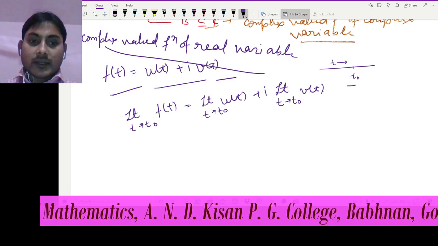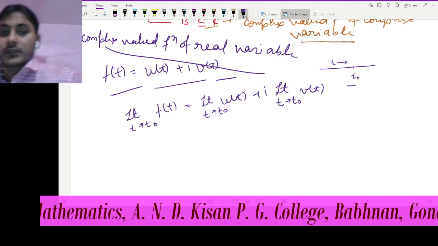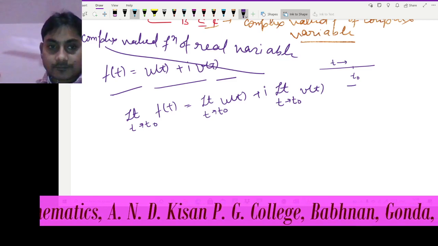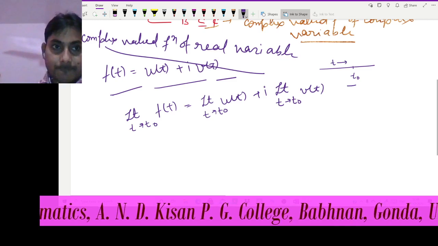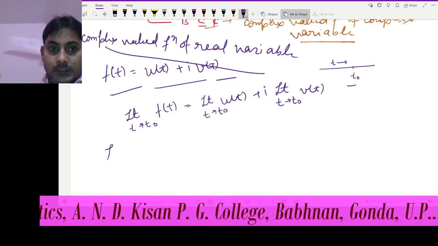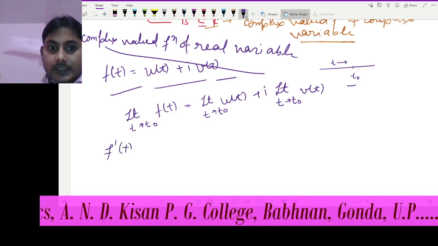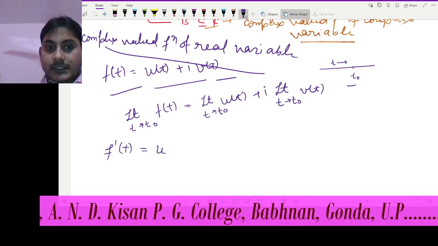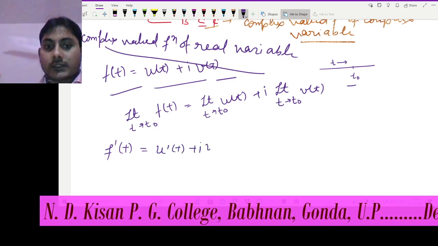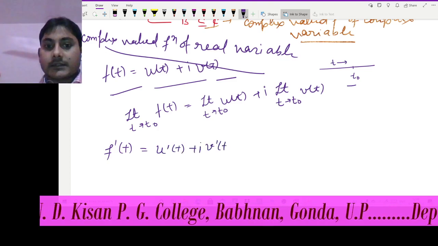Similarly, one can define the derivative also. So what is the derivative? Suppose you are defining f dash t. What is f dash t? F dash t is nothing but u dash t plus iota times v dash t.